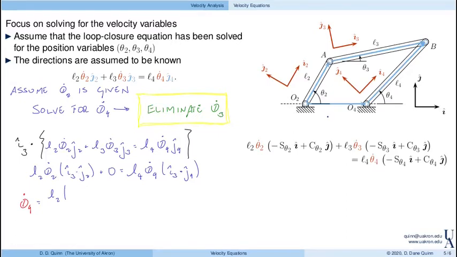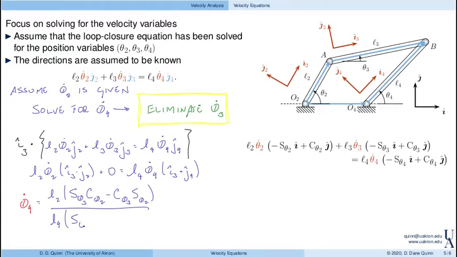Well, I worked this out. I would urge you to pause the video, go through and write these directions in terms of theta 2 and I and J and theta 3 and theta 4, and then take dot products. And what you get is sine of theta 3 times cosine of theta 2 minus cosine of theta 3 sine of theta 2, divided by L4 times I3 dot J4.